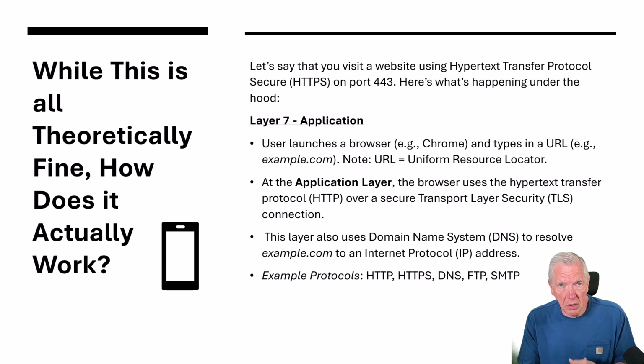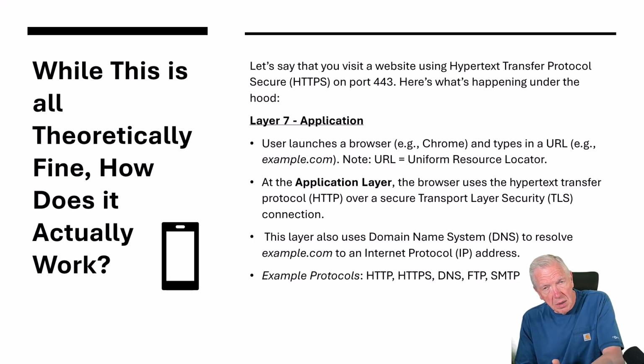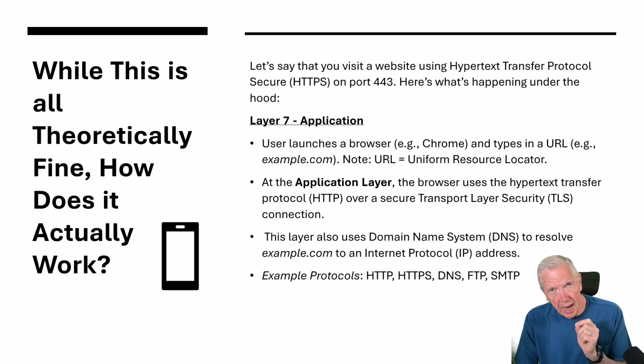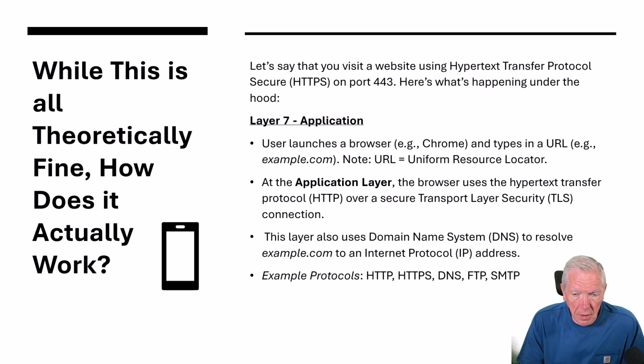And so we're using port 443. You can think of these ports as logical holes in your computer by which we can communicate. One number, and that protocol is tied to that number. So HTTPS typically is tied to port 443. HTTP is tied to port 80. We'll see those in just a minute. But the idea here is that at the application layer, HTTP is hooked together with TLS, and now we have an encrypted session.